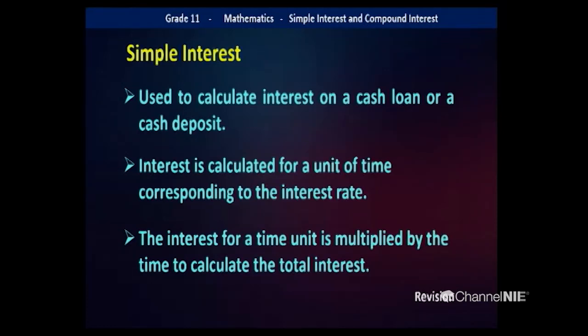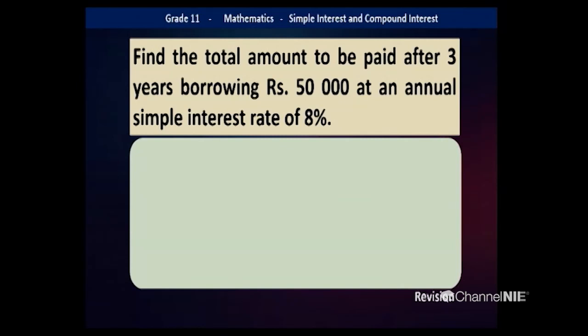Let's discuss this by a simple question. Find the total amount to be paid after 3 years for borrowing rupees 50,000 at an annual simple interest rate of 8%. In this question, there are three important places to focus. One is the principal amount, 50,000.